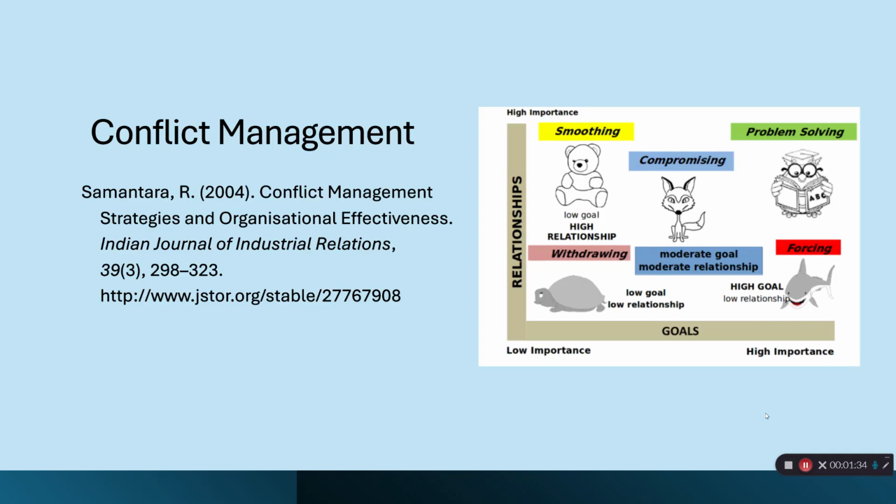On the opposite spectrum, we have problem solving, which emphasizes a high importance of both relationships and goals when approaching conflict, with the other 3 categories falling in between the two. Samantera found that problem solving tends to be the most effective method of conflict management, which is followed by smoothing.